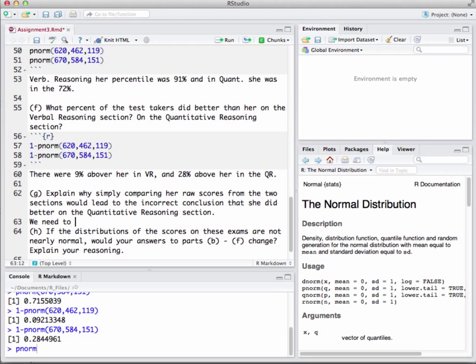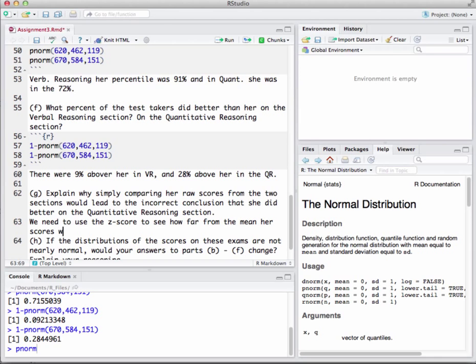So we need to use the z-score to see how far from the mean her scores were relative to her peers. You don't want to use the raw scores.